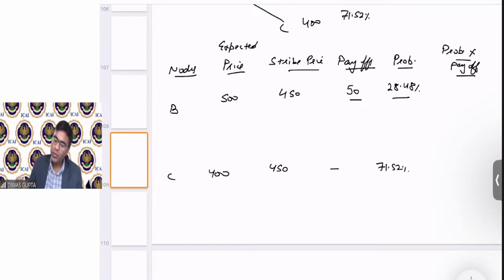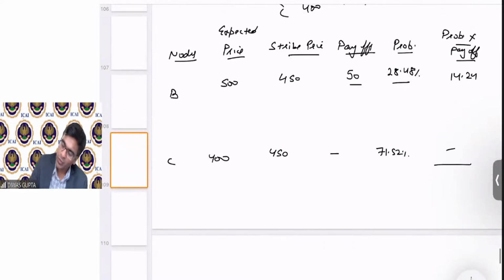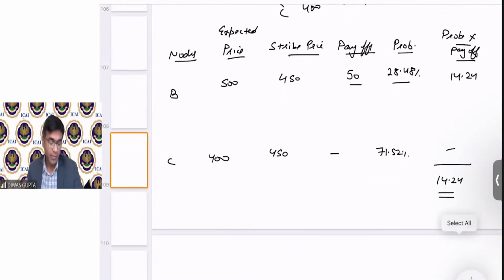It becomes 14.24. Then this is nil. So in totality, it becomes 14.24 as the value after 3 months. Now, students, please remember it is the value of an option after 3 months. We have to calculate the value as on today.